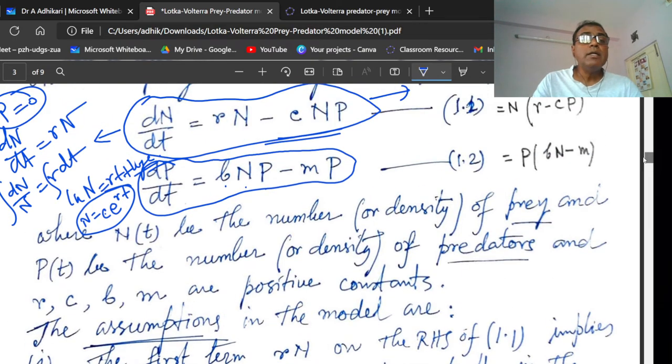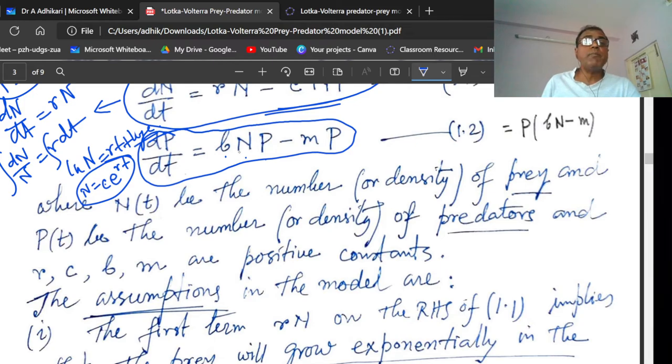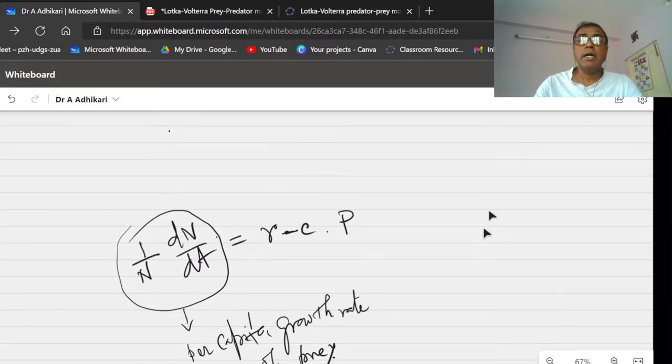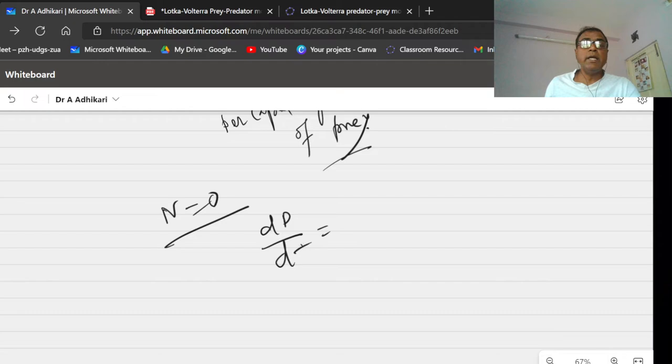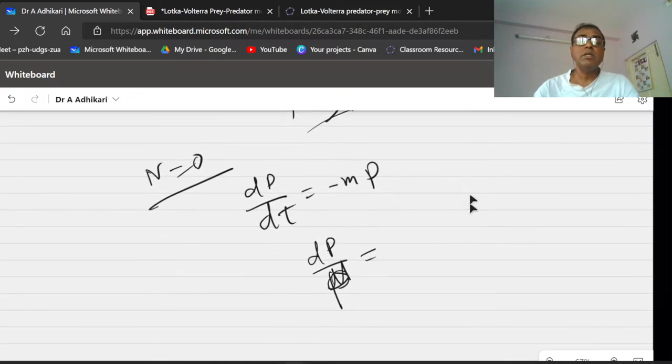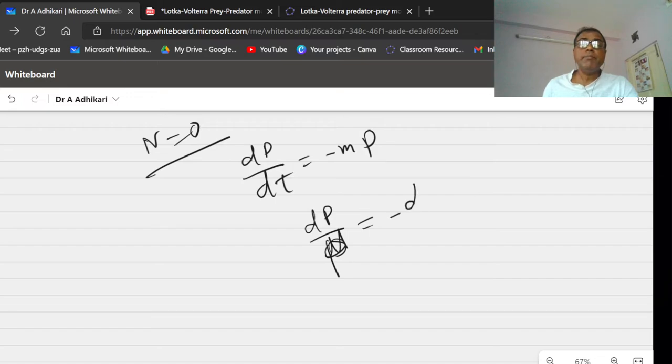From the second equation, when N equals 0, dP/dt equals minus MP. So dP/P equals minus M dt.